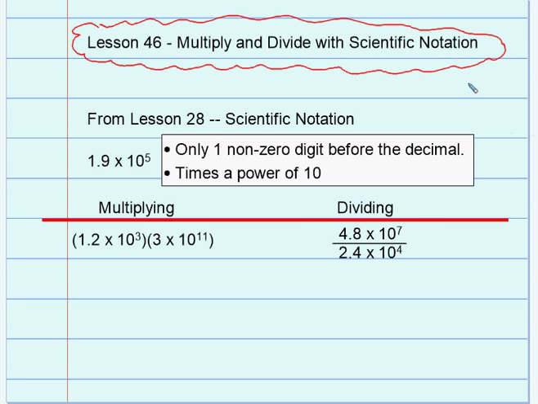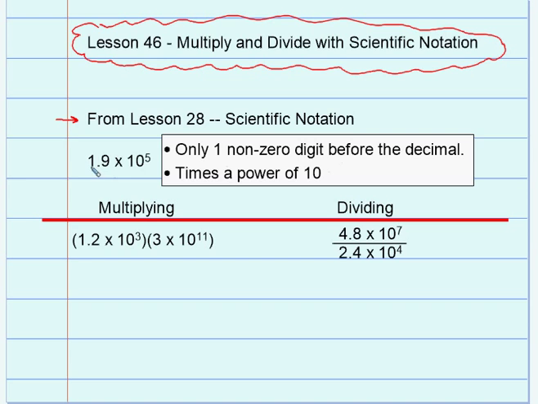So you'll have problems that deal with scientific notation, and this is just a recall. Remember from Lesson 28 when we talked about scientific notation. An example would be 1.9 times 10 to the 5th. Remember that there can only be one non-zero digit before the decimal.